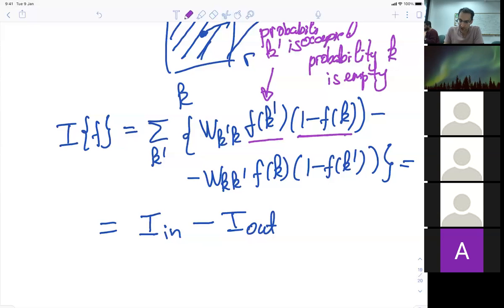And w(k'k) is the probability to scatter from the state k to the state k'. Sorry, from the state k' to the state k.